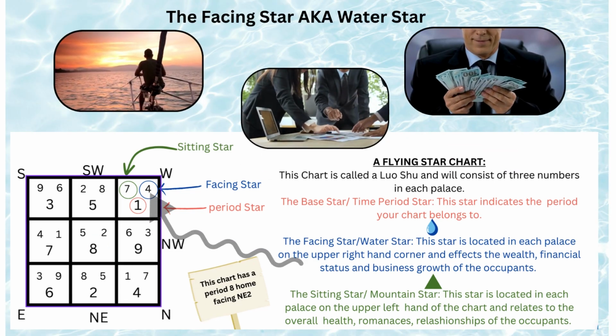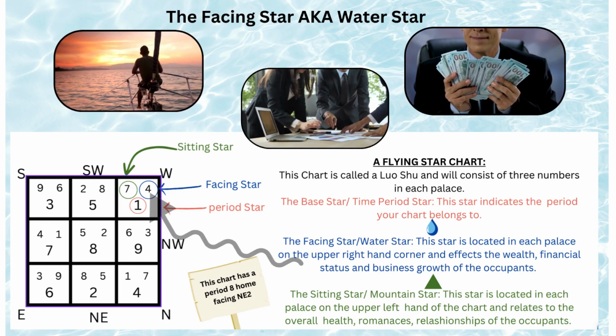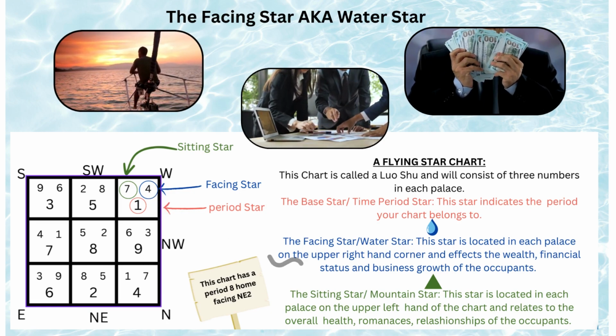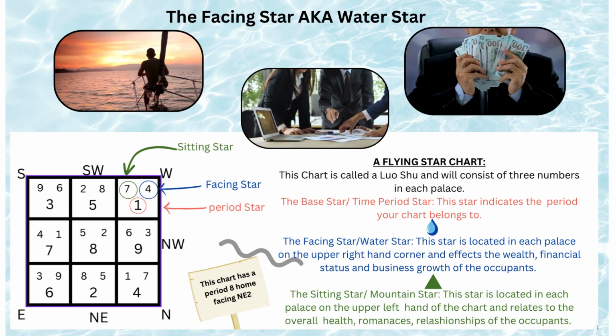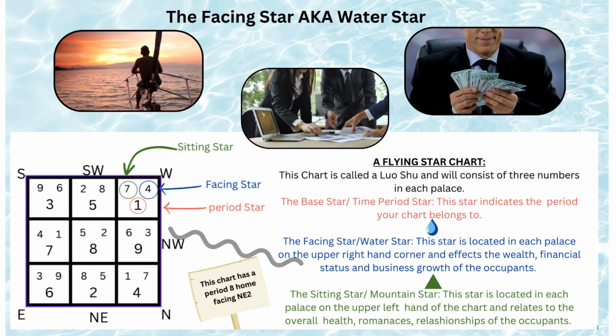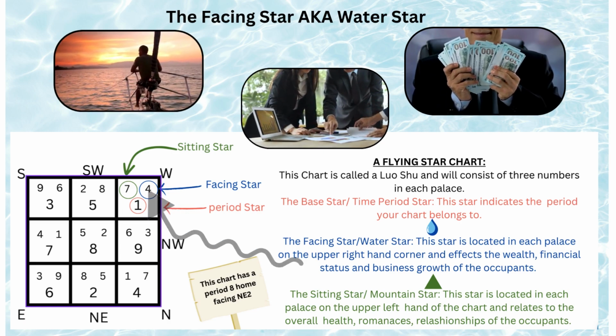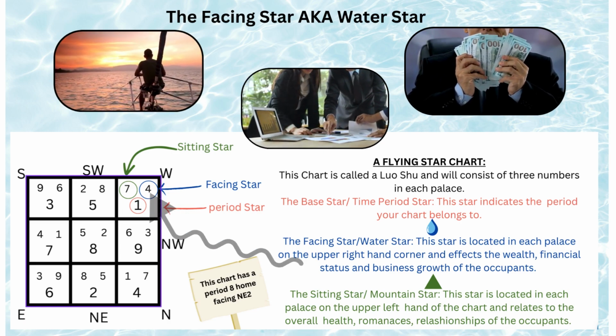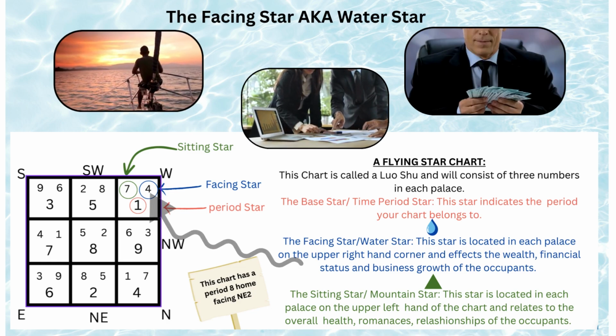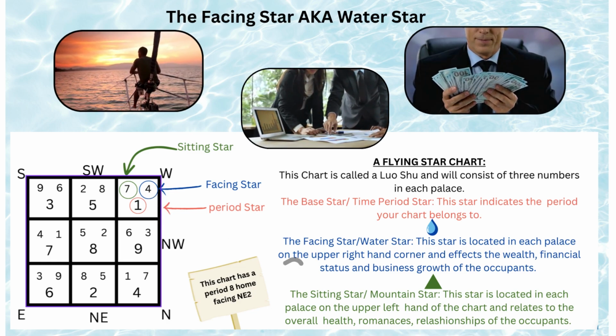So now if we look into the upper right corner, you'll see the facing star here. The facing star is also known as the water star, and you'll have these located in each palace on the upper right-hand corner. And this pertains to an occupant's wealth, finance, business.